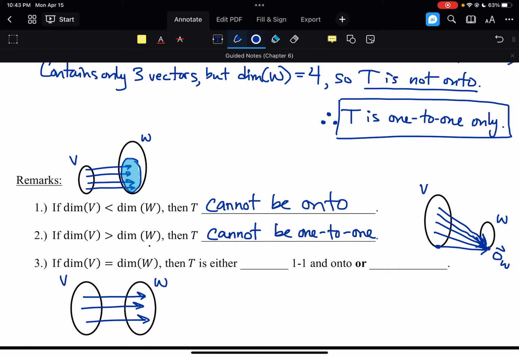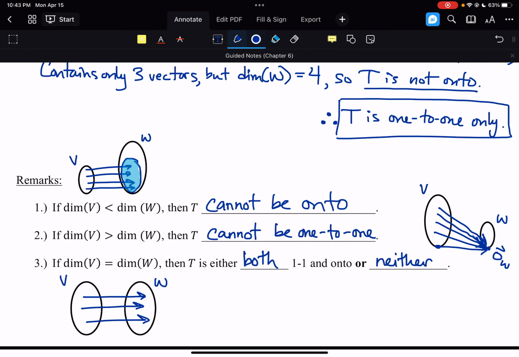But if they are the same size, if the dimension of V equals the dimension of W, T is either both 1-to-1 and onto, or it's neither. So if the dimensions are equal, it's either both or it's neither.